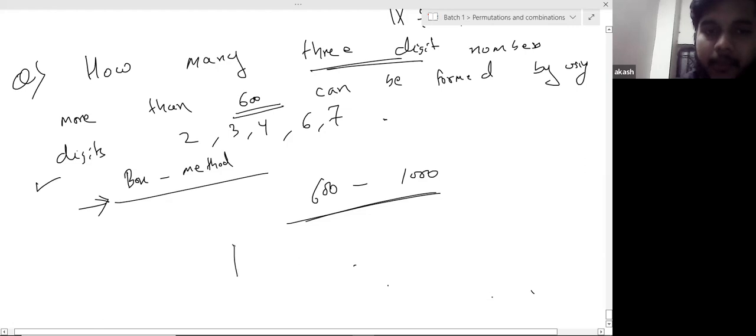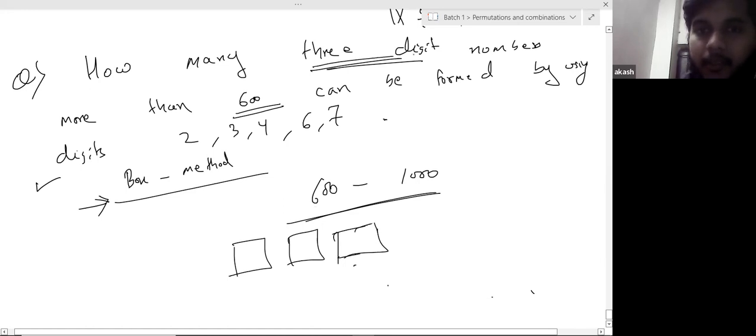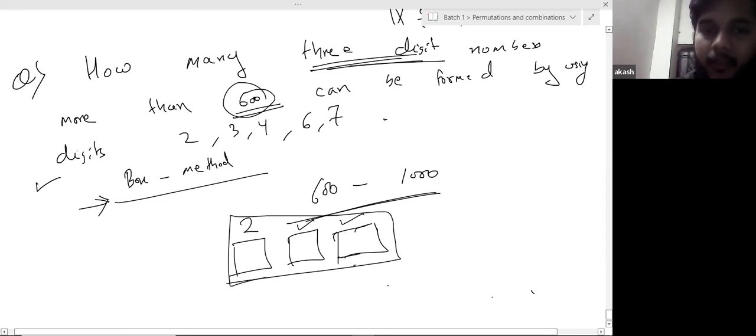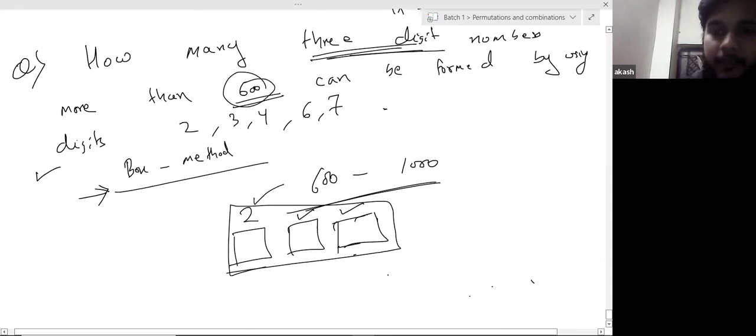So we make three boxes, 1, 2, and 3, because we want three-digit numbers. The condition is it should be more than 600. So if I fill in 2 here, any number I fill in the other boxes, this whole number cannot be more than 600 because it starts with 2.